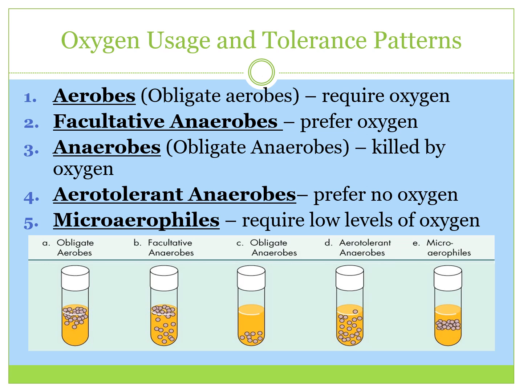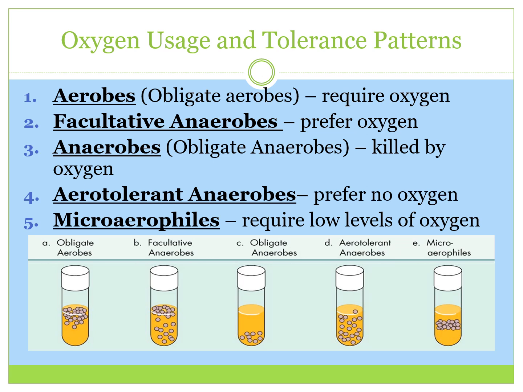Anaerobes or obligate anaerobes will be killed by oxygen. They do not have the ability to process oxygen into something safe, so they will be killed by the oxygen if it is introduced into their cellular system. We have aerotolerant anaerobes, which prefer no oxygen, but don't need oxygen to grow.